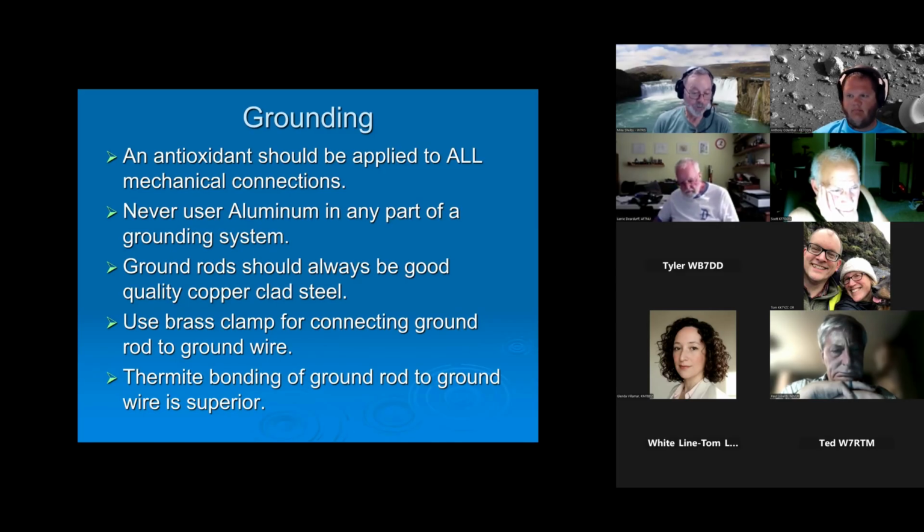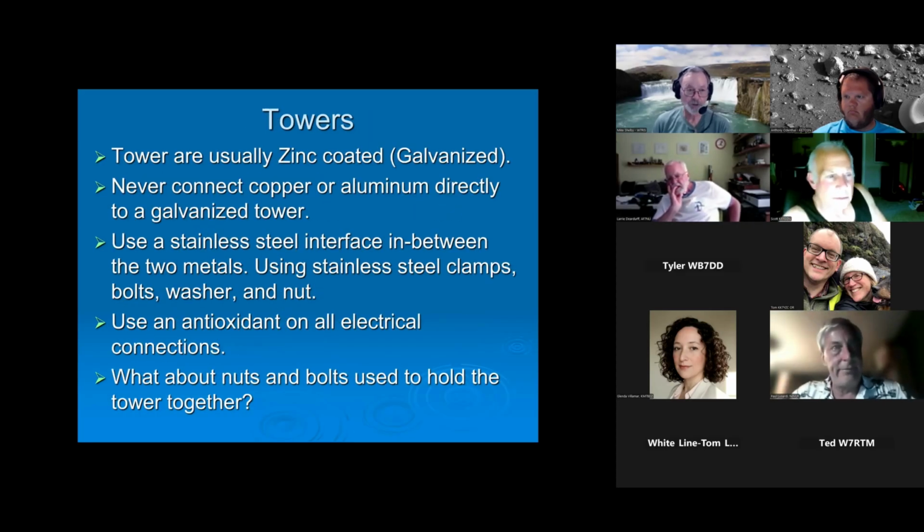Thermite is used in all kinds of processes, but they use it with copper that actually fuses to the copper braiding for all of the grounding systems in that lookout tower. So thermite is always an extra super way of doing it, but it's pretty expensive and does take a little bit of special attention to know how to do that.